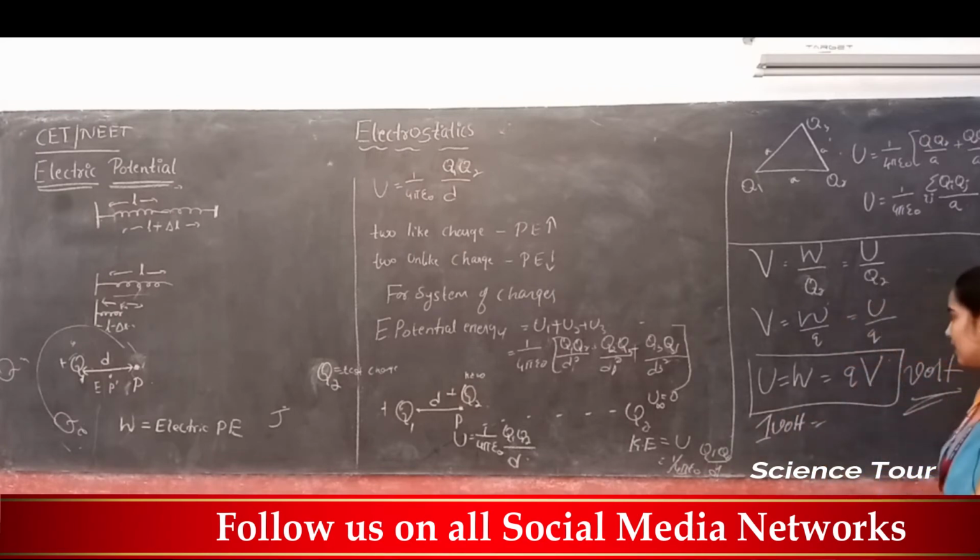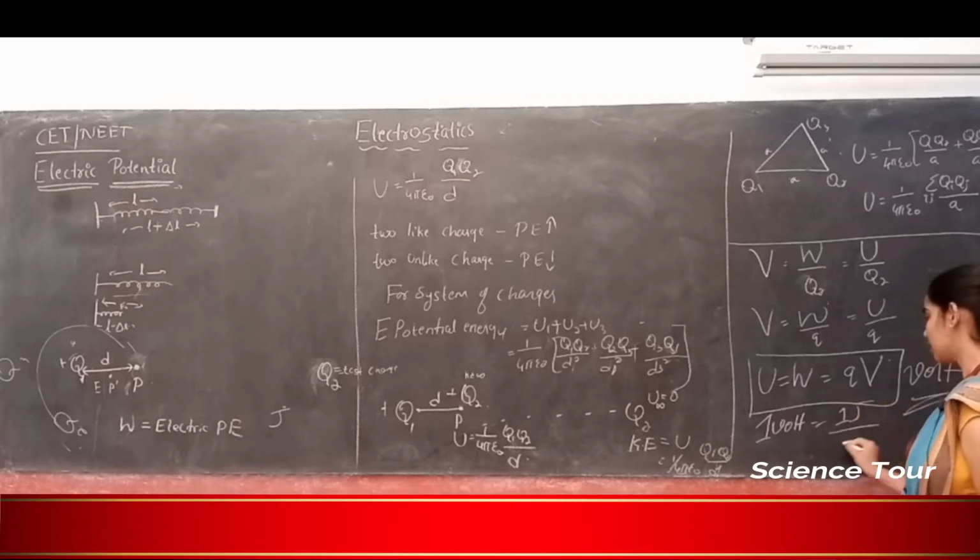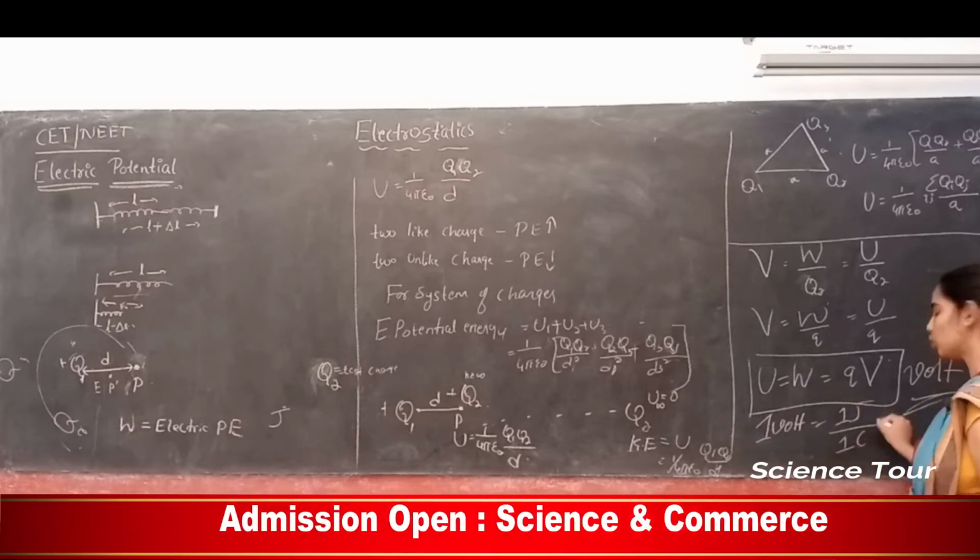1 volt is equal to 1 joule of work done by 1 coulomb of charge in bringing it from infinity to the given point in any electric field.